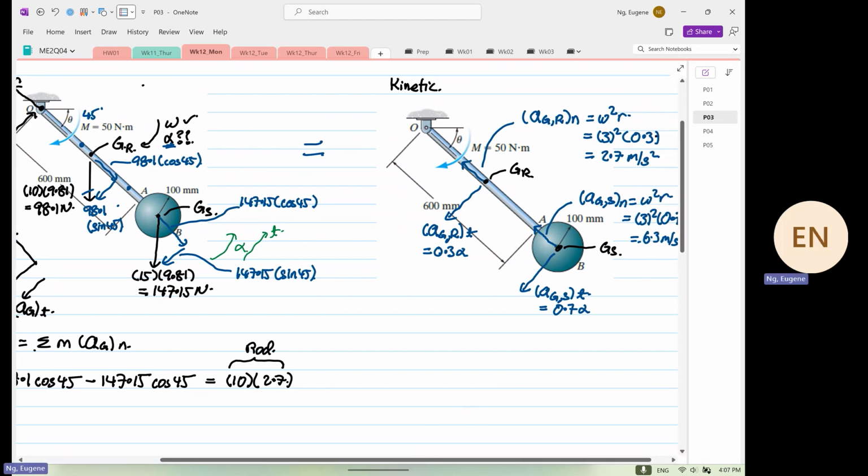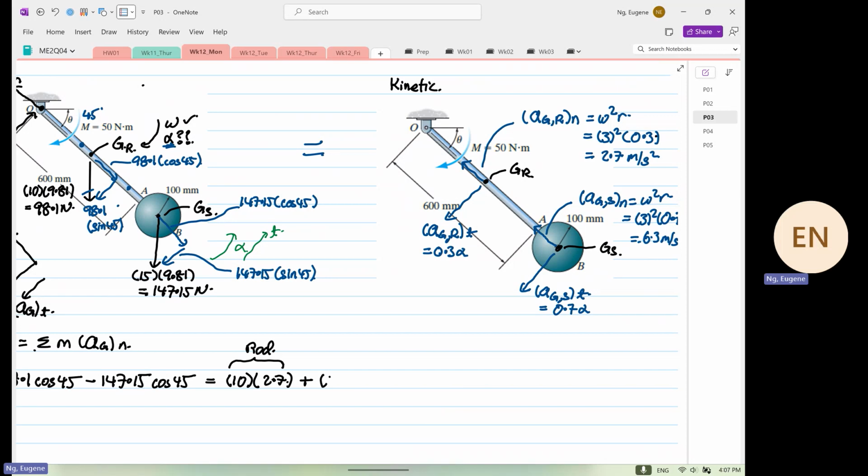Because the direction is pointing to point O, not center of gravity, I do apologize. And this is 15 multiplied by 6.3.